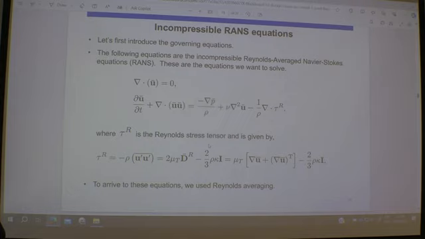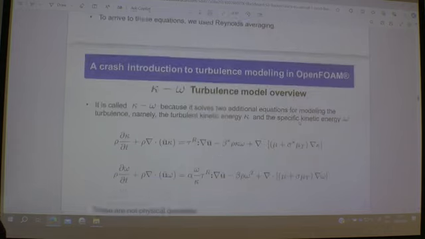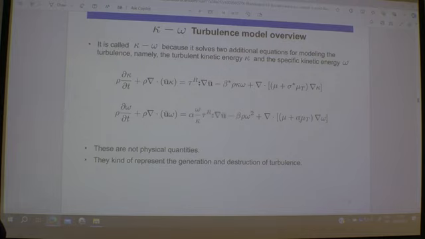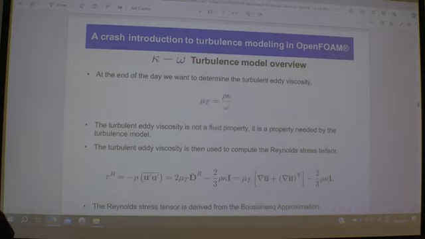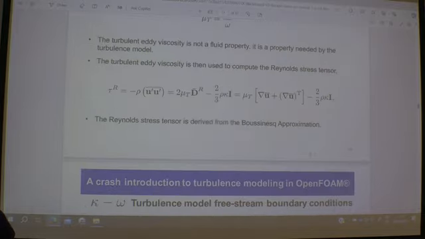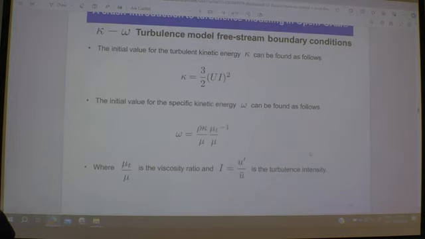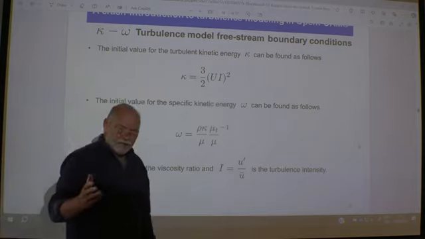Here are some examples of how the different equations actually look inside the OpenFOAM source code. And here, the K omega turbulence models. And here you have a recipe for finding at least estimates.